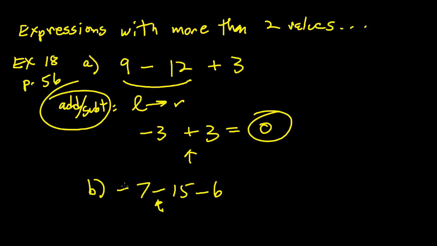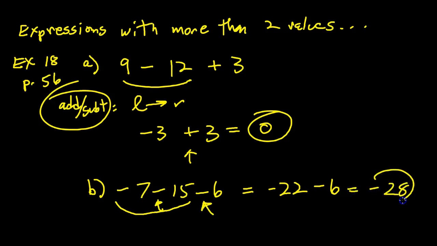So minus 7 minus 15 is, of course, minus 22. And then we'll do the second one here. Minus 22 minus 6 is, of course, minus 28. Okay.